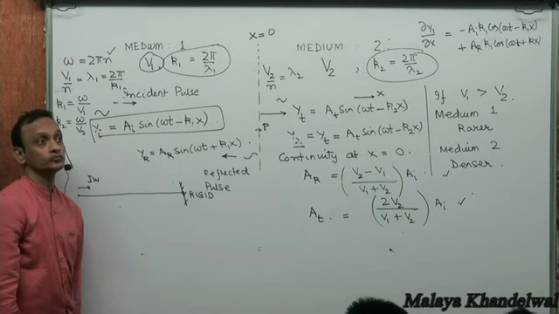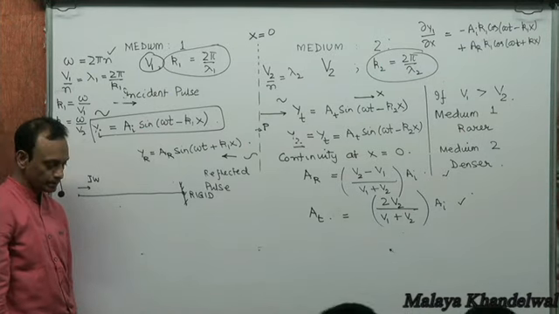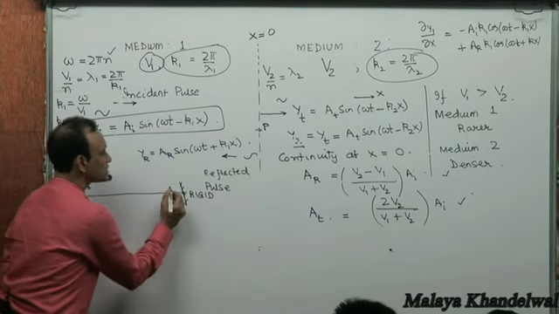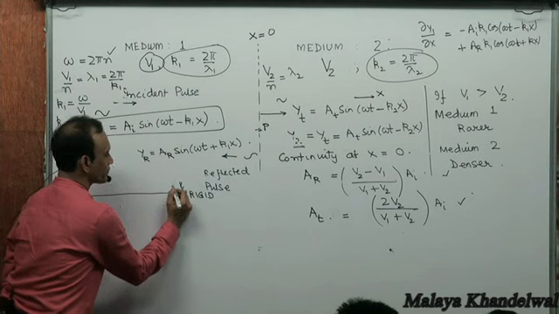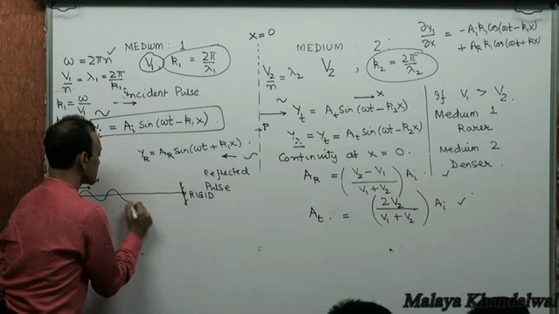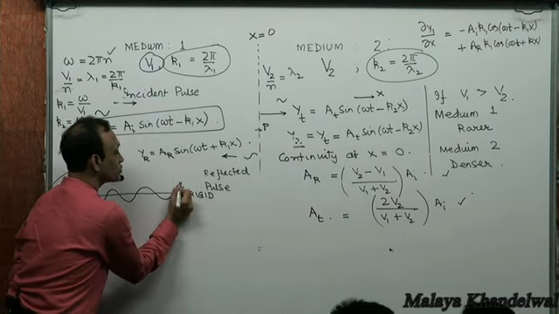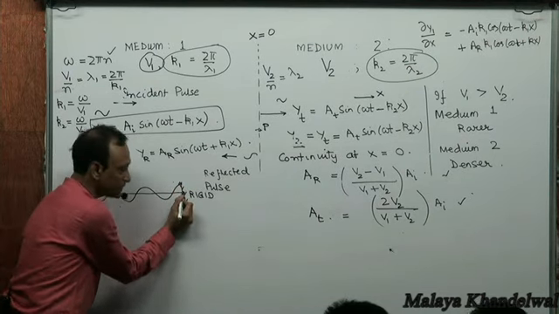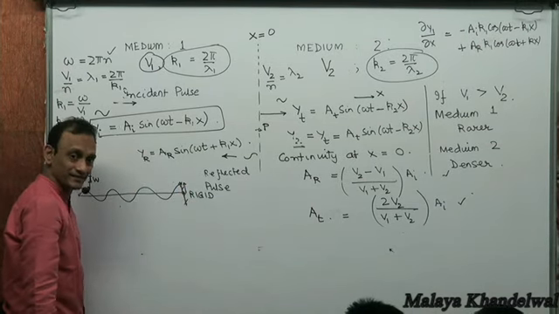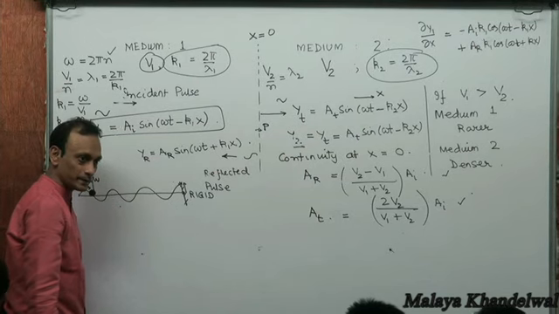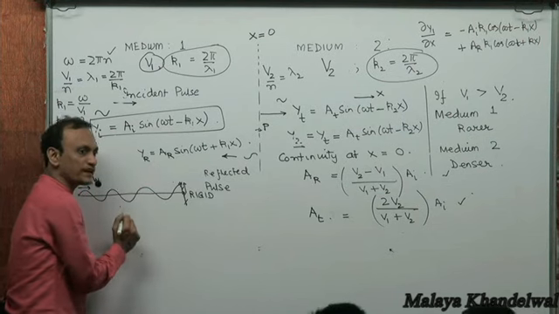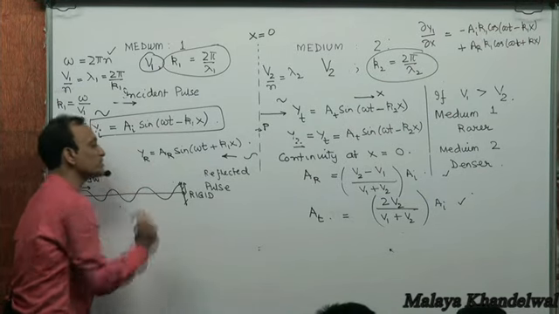Now, what happens is that if the incident pulse was like this, and say it was aiming at producing at this point an upward displacement of a certain kind, right? Then what should the reflected pulse do?